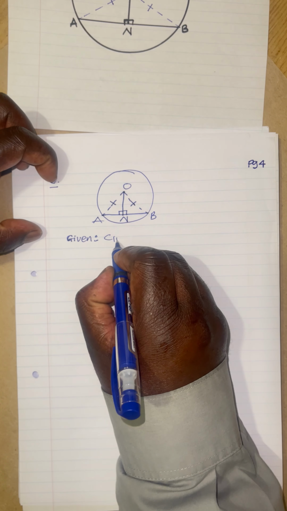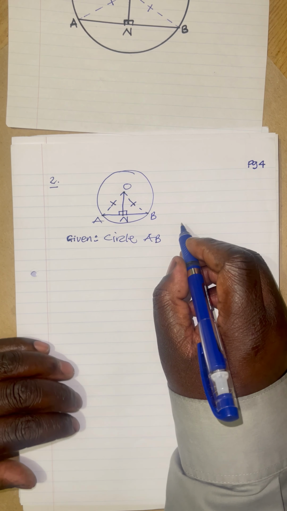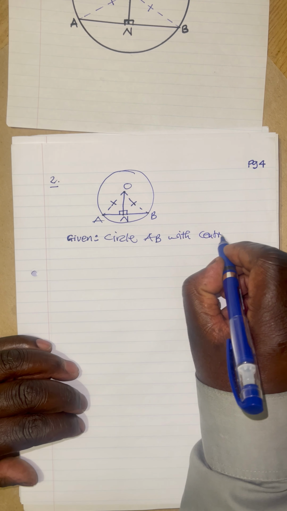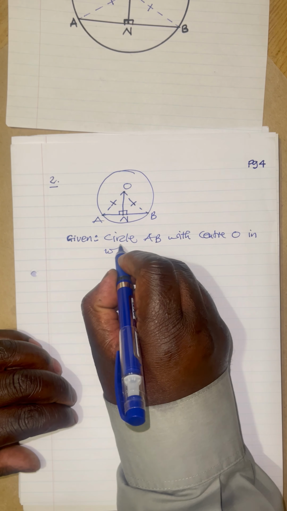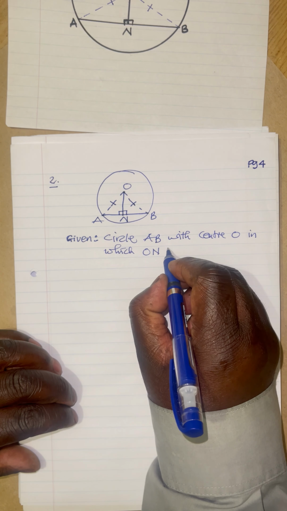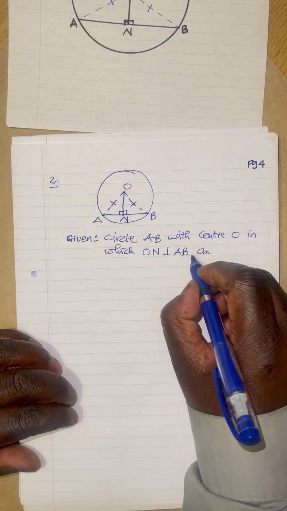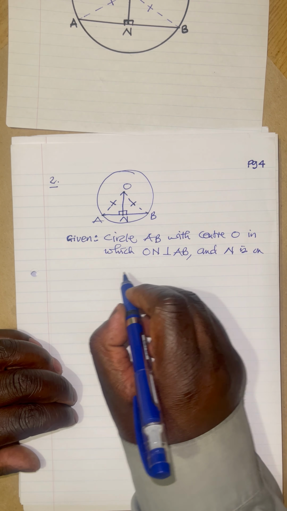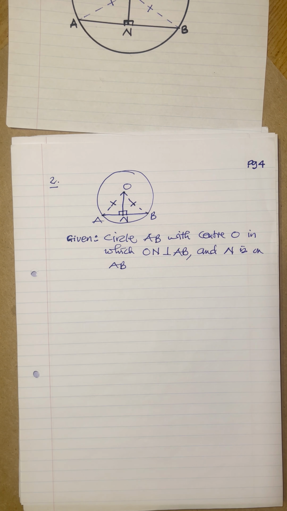Well, we're given circle AB with center O, in which ON is perpendicular to AB and N is on AB. So ON is perpendicular to AB and N is actually on AB.